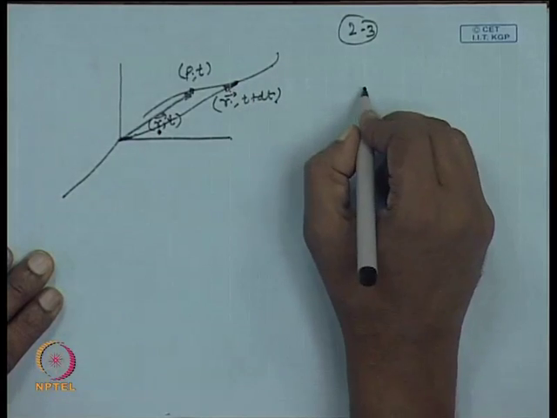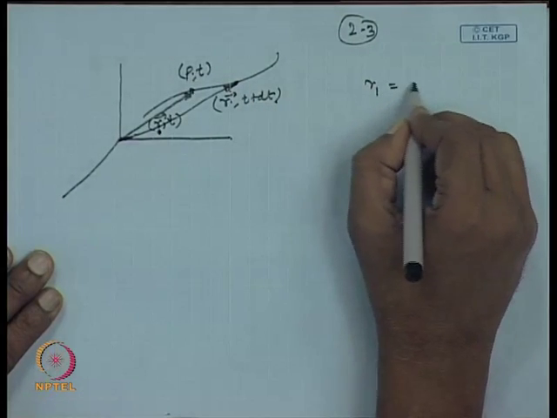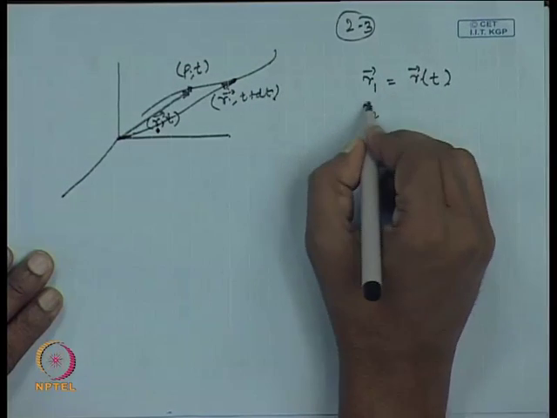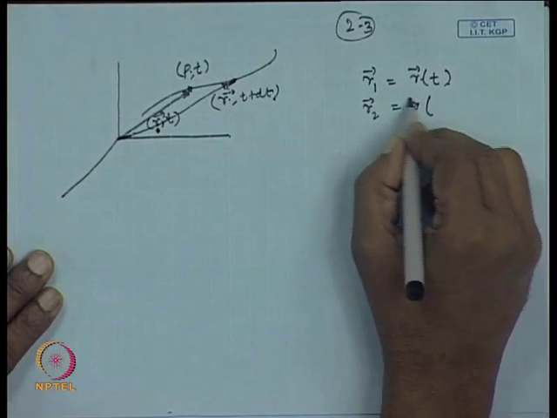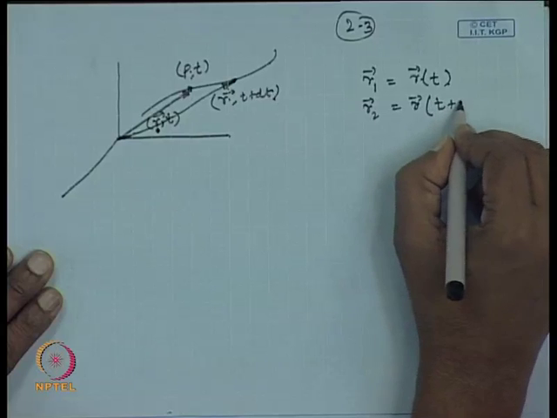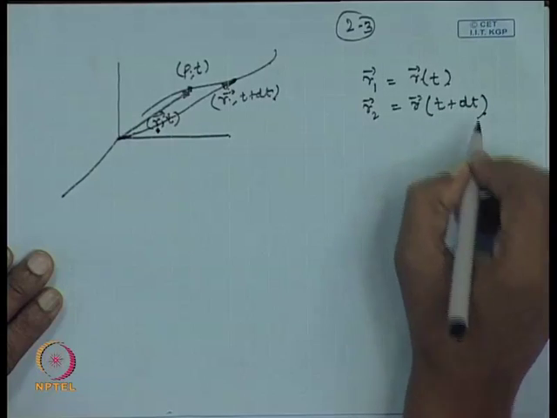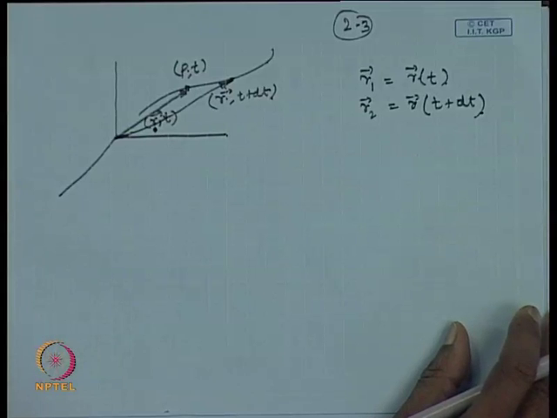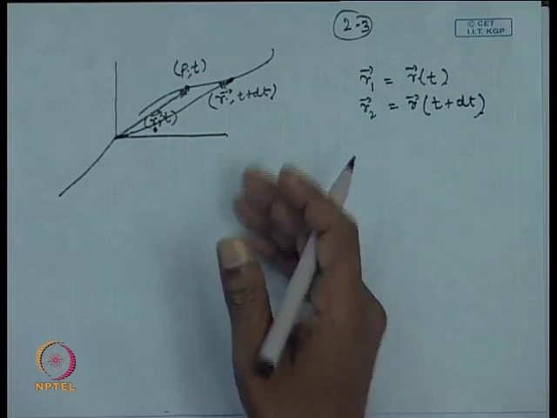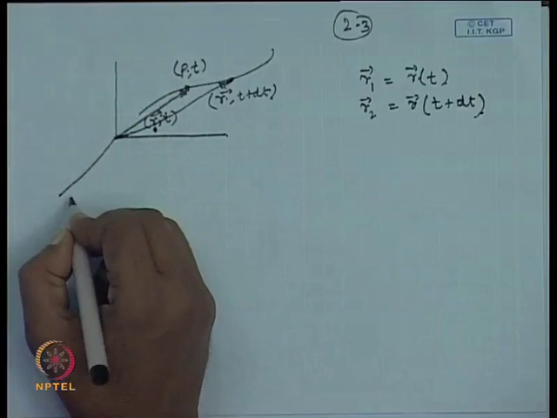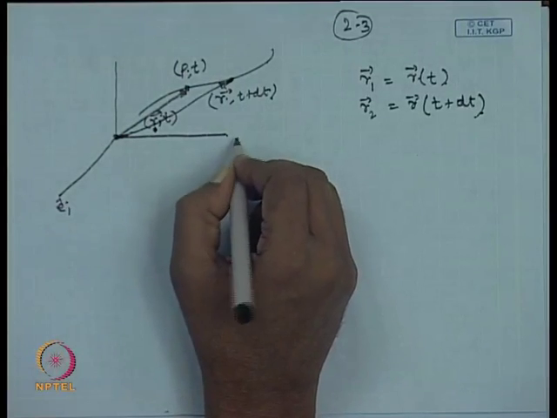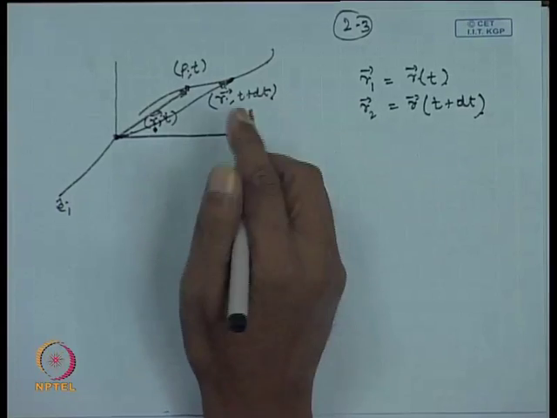To distinguish them, we can write r 1 equal to r of t and r 2 equal to r of t plus dt. We can use a shortcut notation, with a summation sign instead of writing all the terms.